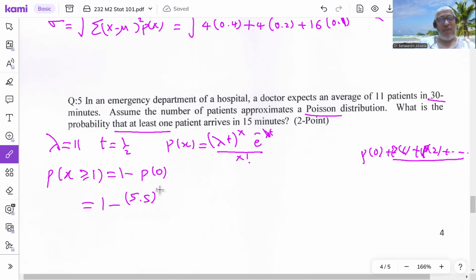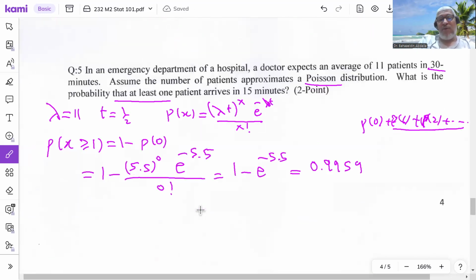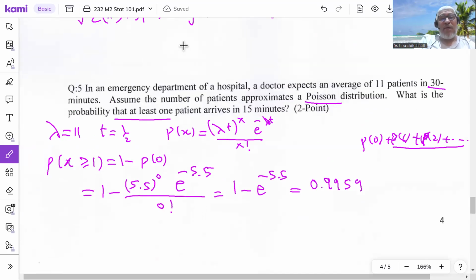I can write it, and I also don't need to write it because it's 1 times e to the power negative 5.5 over 0 factorial. Also 0 factorial is 1. So the answer is 1 minus e to the power negative 5.5. Use the calculator and you will find that the answer is 0.9959.